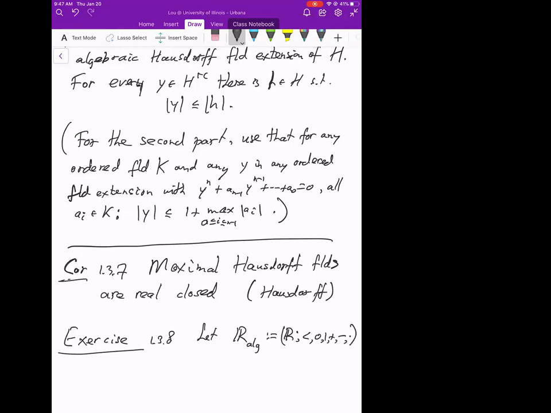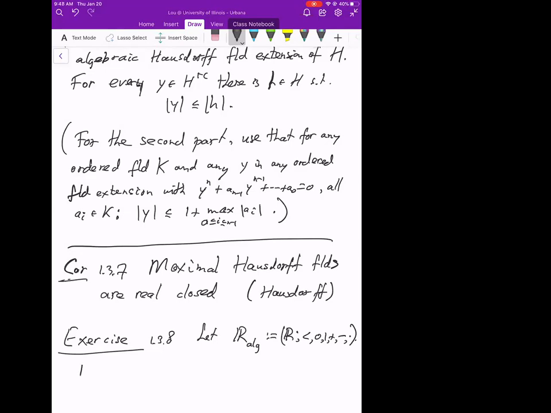The usual ordered field of real numbers, which is O-minimal. Last time I mentioned that if you have an O-minimal expansion of the real field, and this is one of them, then you can form the corresponding Hausdorff field of germs of definable functions.